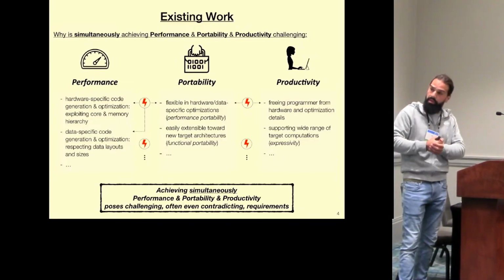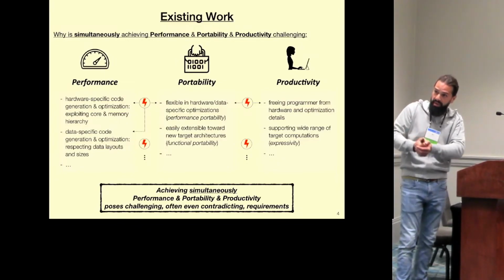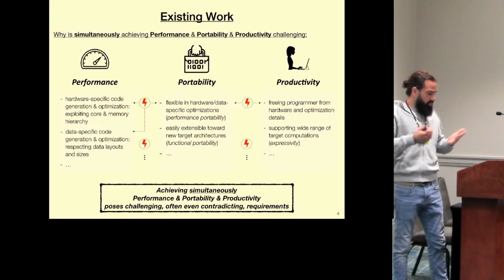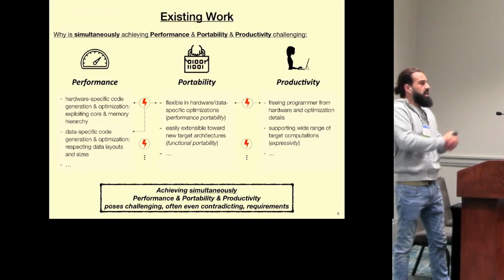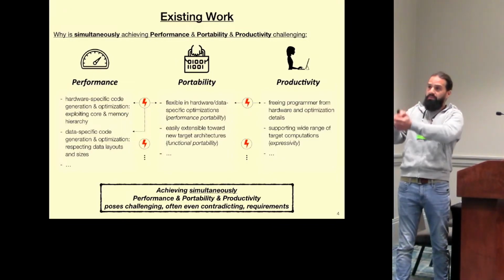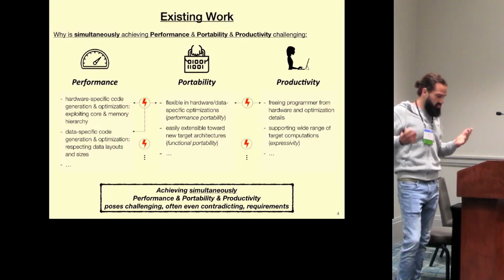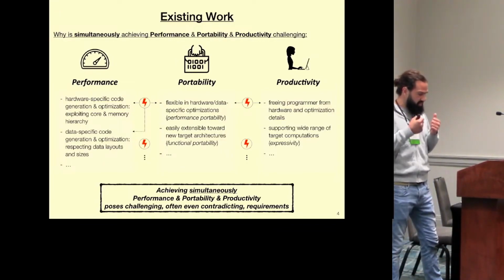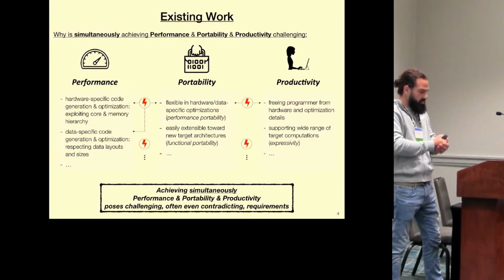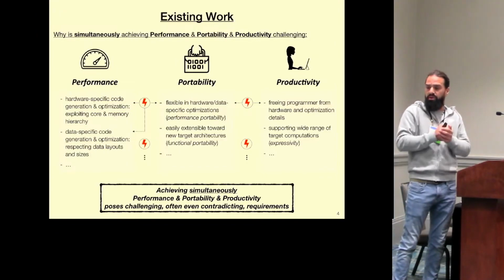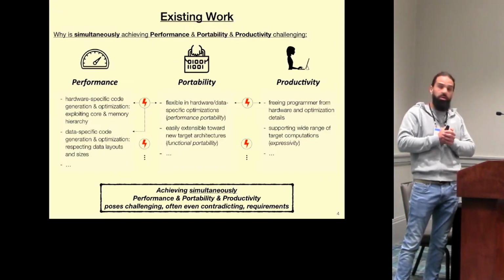But to achieve portability, we need to be flexible in exactly these kinds of optimizations. And for productivity, we need to free the programmer from all kinds of optimization decisions. To quickly conclude this slide, achieving performance, portability, and productivity simultaneously poses challenging and often even contradictory requirements on code generation and optimization.